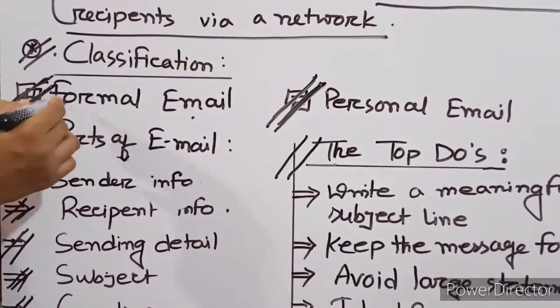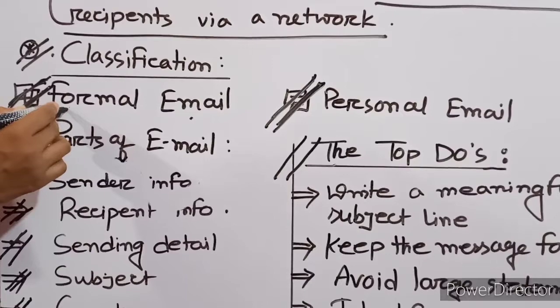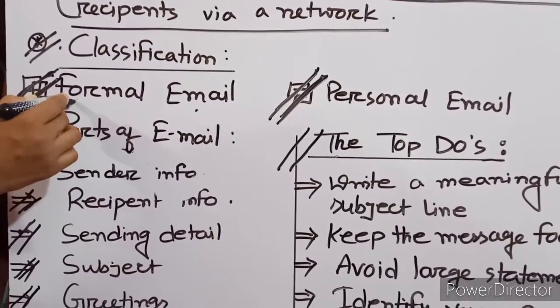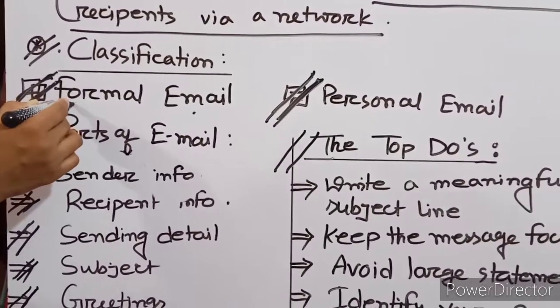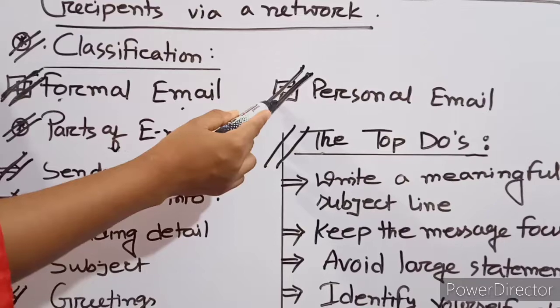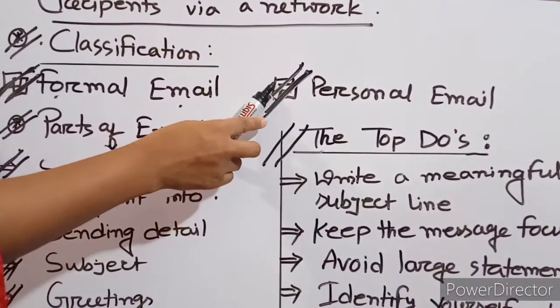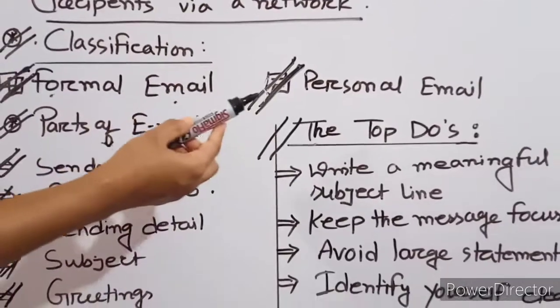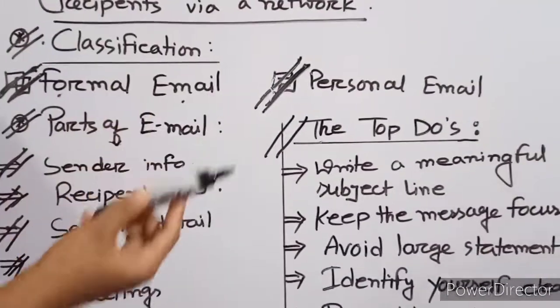A formal email is typically sent to someone whom you don't know well or to someone in authority. On the other hand, a personal email usually goes to a person you know very well. Often it's someone you are on good terms with, such as your friend or family members.